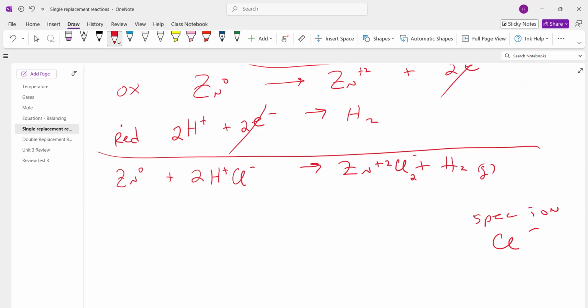So in this reaction, you're going to see bubbles from the H2 gas coming off. And the zinc is above the H2, so we know this reaction is going to go. Zinc is very prone to oxidation.